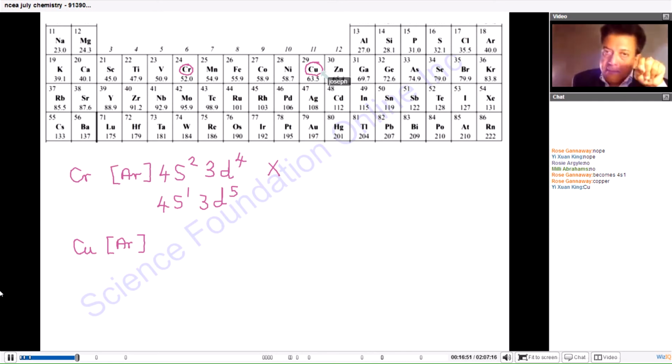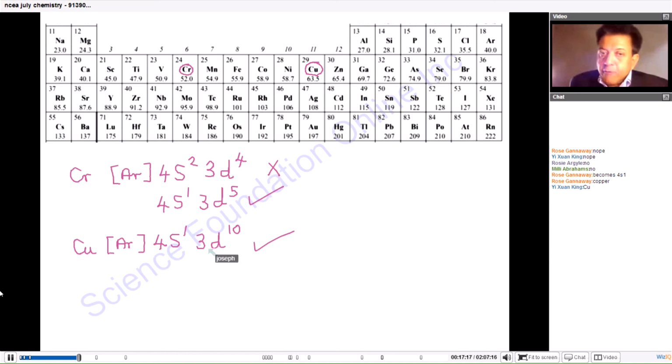But it becomes 10, and you will have 1 electron left. So you will have copper, that's the inner shell structure of argon, and 3d10, 4s1. This is the correct one for chromium, and that's the correct one for copper.